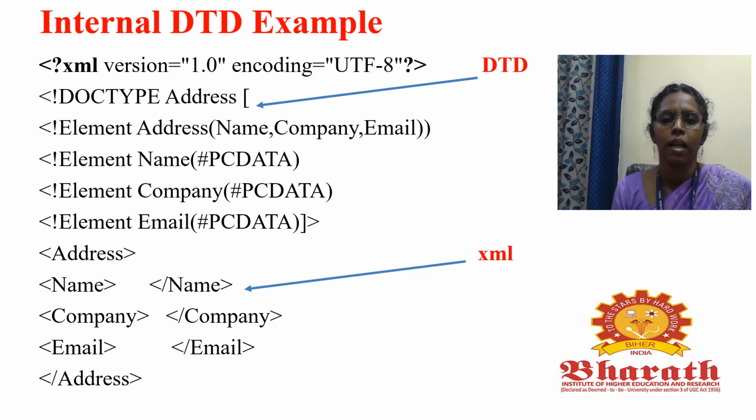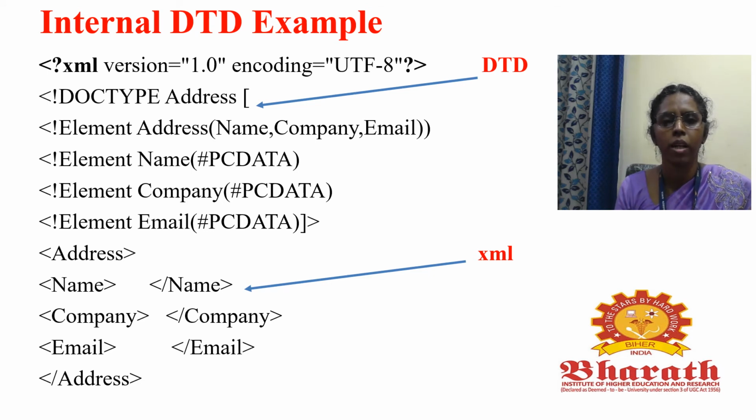That is, address should have three elements. So the name, company and email we specify within the address will be mentioned in the XML. The values you are giving within name, company, email will be tested against the above DTD, that is address. All these values are string or text values that will be checked, because we are mentioning all these three data should be text values.